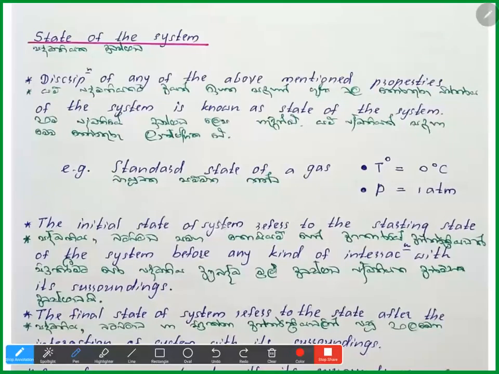As an example, you know two different states, standard state and room condition. Standard conditions are temperature 0 degrees Celsius, pressure 1 atm. Room condition is the same pressure, but temperature becomes 25 degrees Celsius.